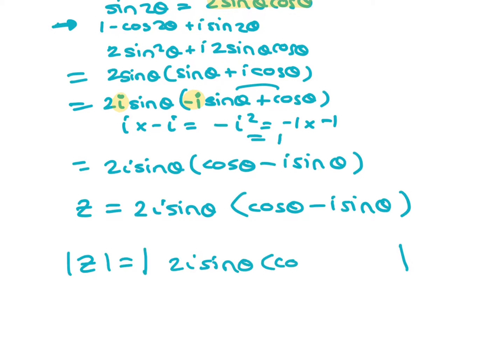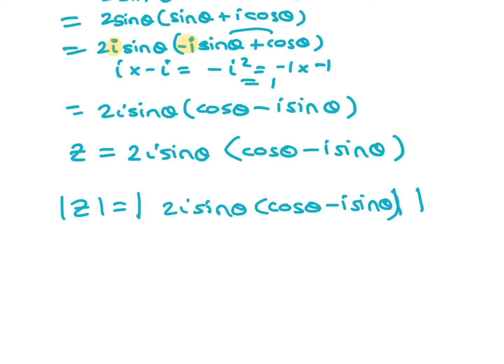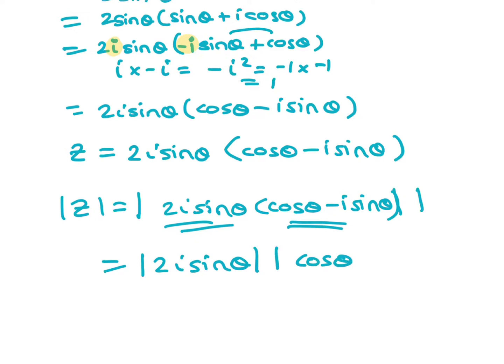And there's actually two complex numbers here, this one here and this one here. So the modulus of that would be the modulus of 2i sine theta times the modulus of this one, cos theta minus i sine theta.